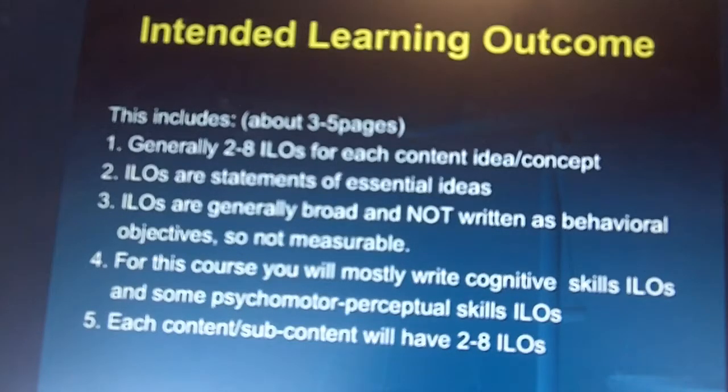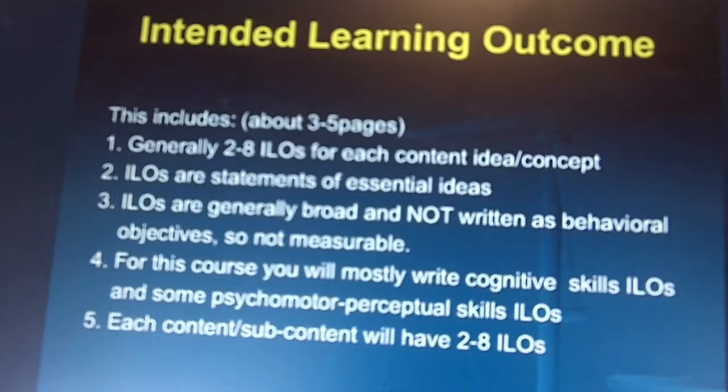And so intended learning outcomes are important because they allow us to figure out what are some of the issues or important aspects of the curriculum we need to articulate and figure out as our curriculum design progresses.